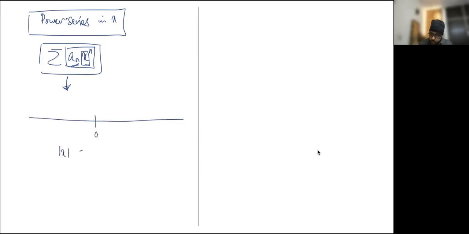If mod x is less than 1 over this, then the series converges absolutely.